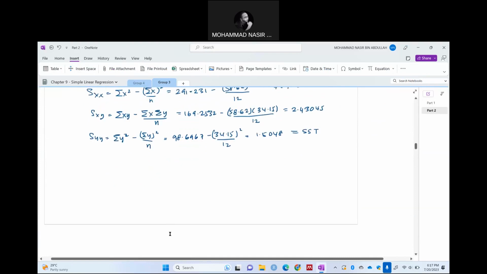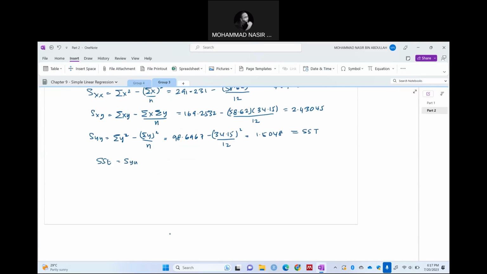To find the sum of square error, it is equal to SYY minus SXY square divided by SXX.